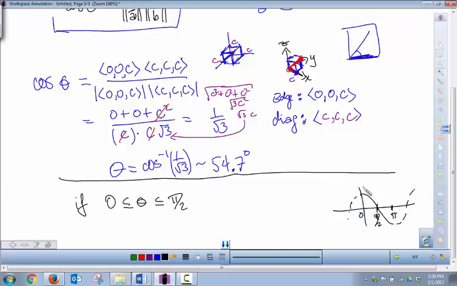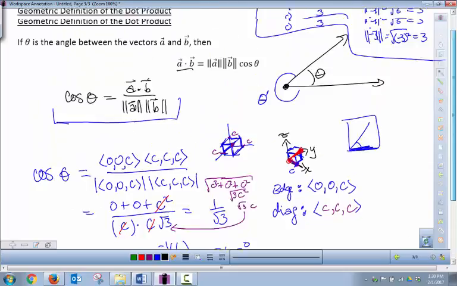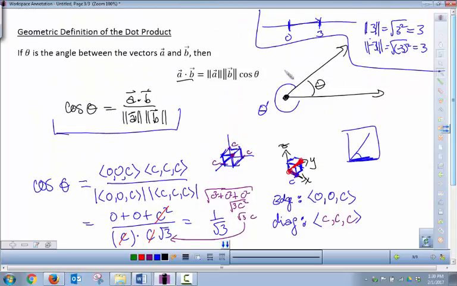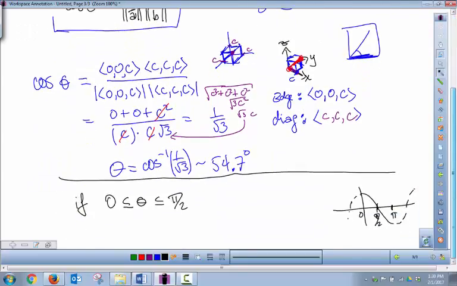It's also good to know the domain and range of the arc cosine function. So you can only put in angles that are between 0 and pi, or you can only result in angles between 0 and pi. And that's this whole business about making sure that it's the smallest angle between the two vectors.